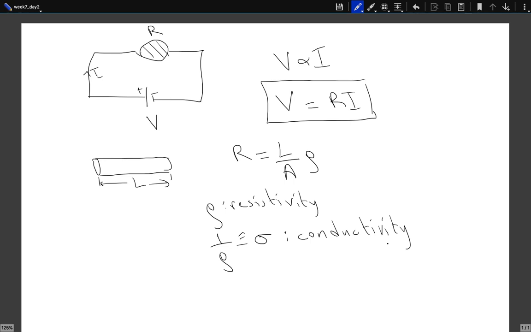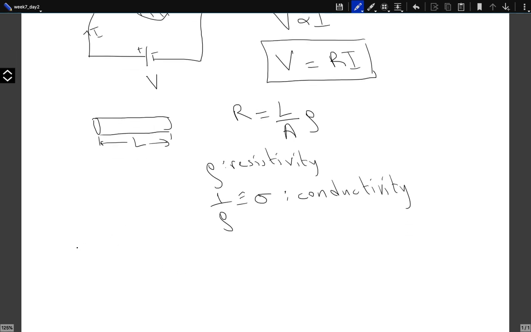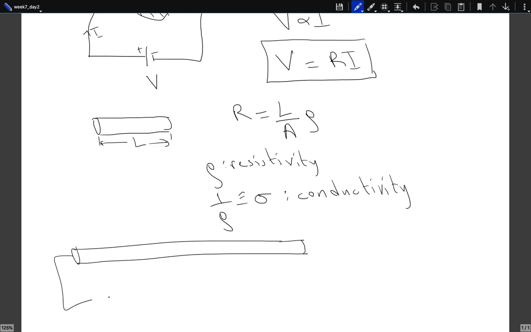So basically what happens is, if you connect a battery to a circuit, the battery creates an electric field inside the conductor. So if you have such a conductor, a long one, you connect this to a battery.